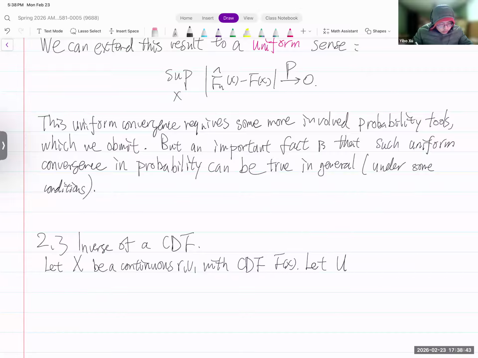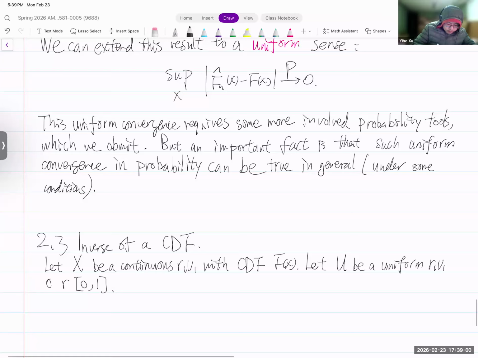Let's call it U, over the interval from 0 to 1. So this is very important. Remember the underlying assumptions: U is uniform over 0, 1.